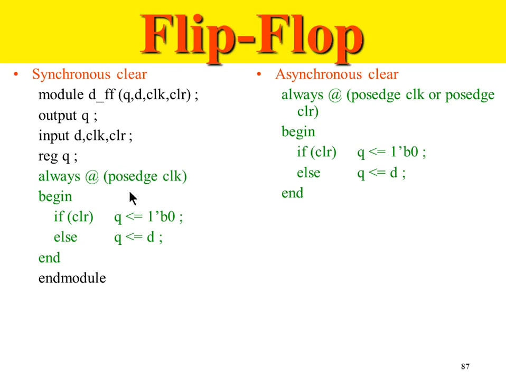This is a register. In this case, it's an 8-bit register with set and reset, clear bar and set bar. So in this case, clear and set logic is active low. Module register, Q, D, clock, clear bar, set bar. This is my port list. Q is the output port, 8 bits wide.